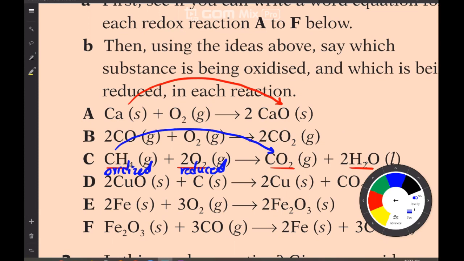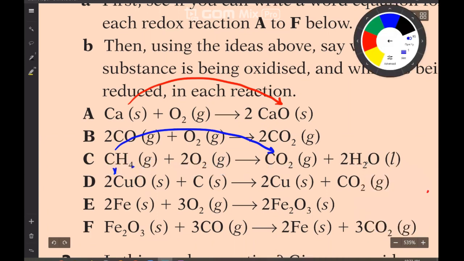Let's move on to part D. You have CuO plus C gives you Cu and CO2. What is CuO? Copper oxide. Exactly. This is an ionic compound.